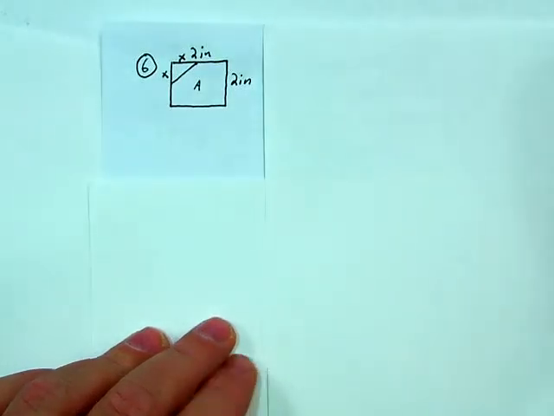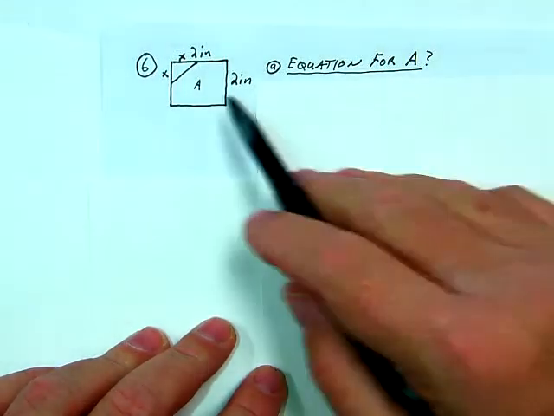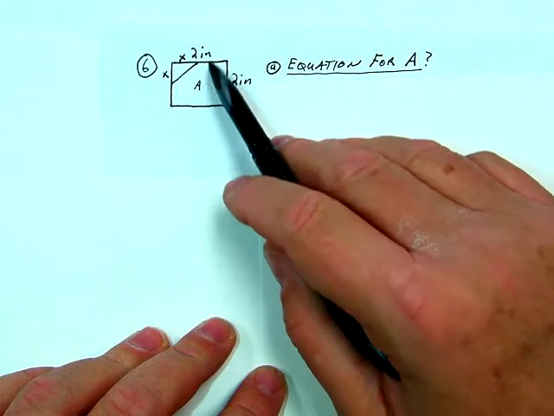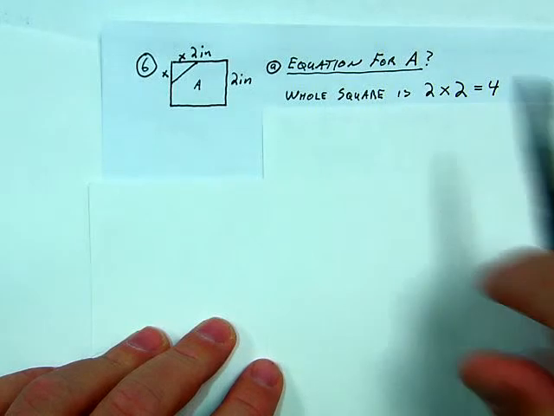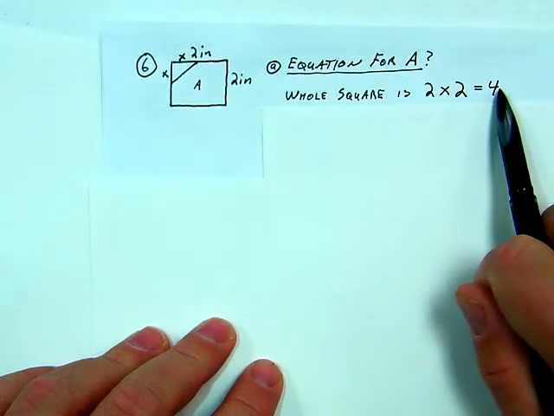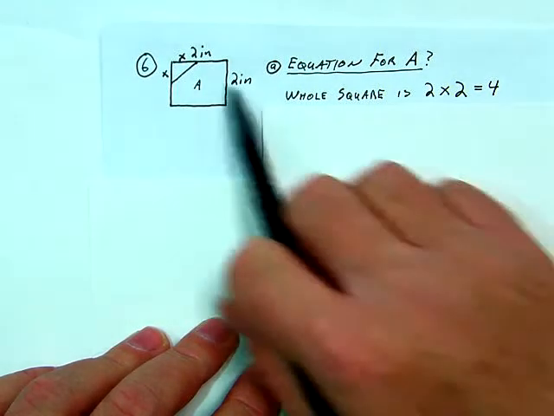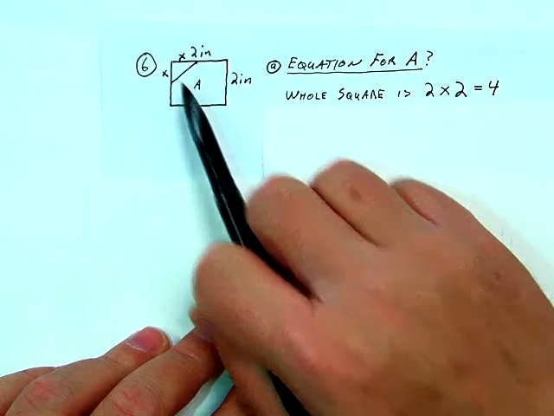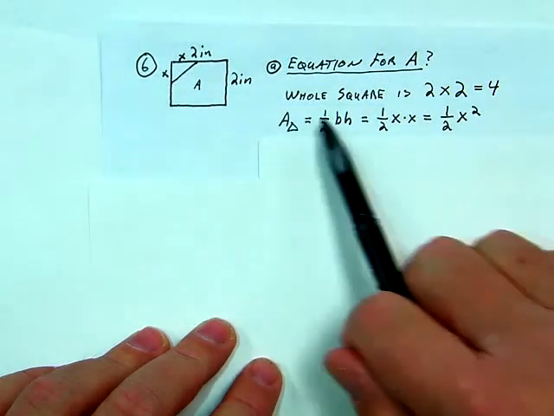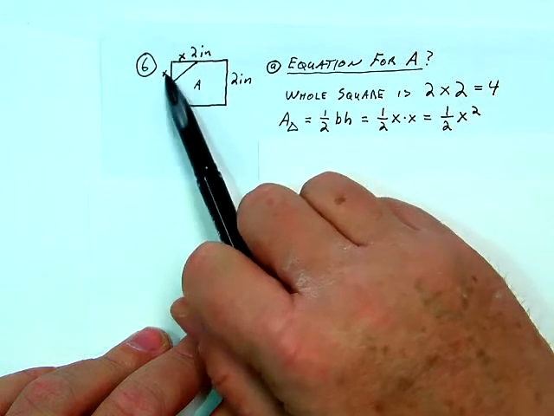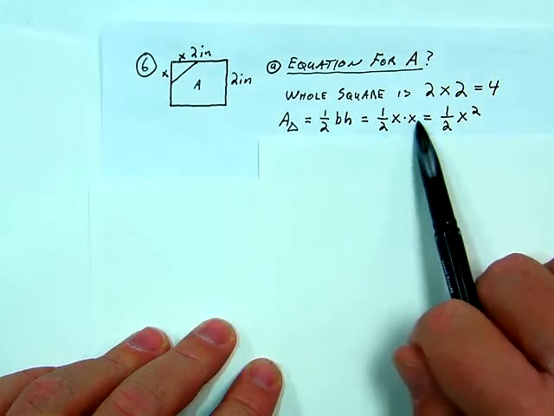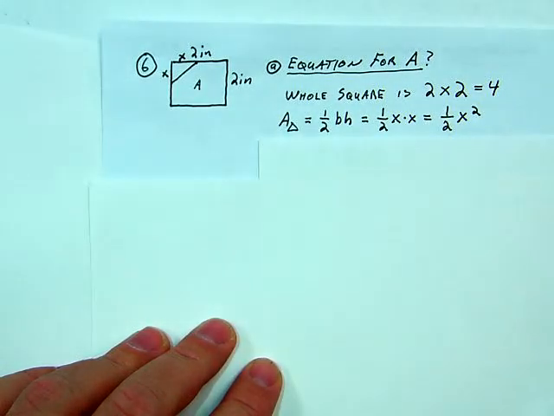And they want to know, first of all, what's the equation for the area of A? Not the whole A, but the A minus the cutoff portion. Well, the whole square is 2 by 2, or 4, and we just have to subtract the area of that little triangle right there. The area of a triangle is 1/2 base times height, so 1/2, and the base and the height of this triangle are x, 1/2 x times x, or 1/2 x squared.